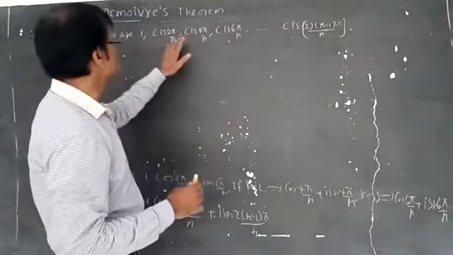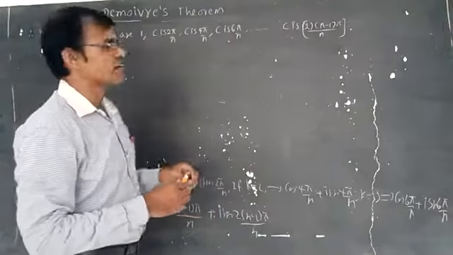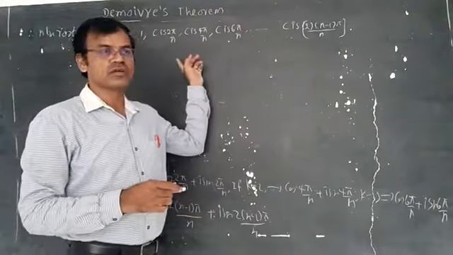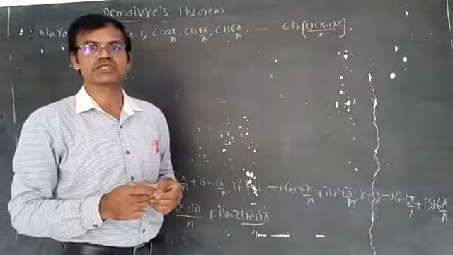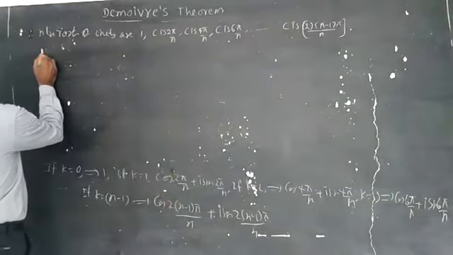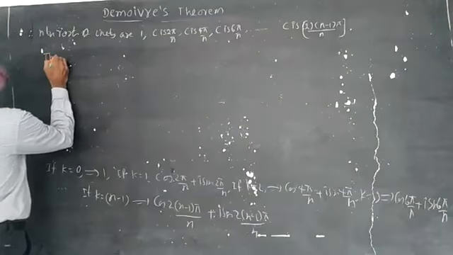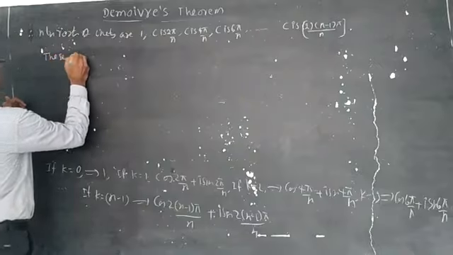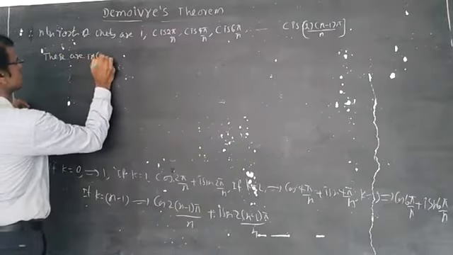Here it is a geometric progression. The common ratio for two consecutive terms is cis 2 pi by n. These are in GP.